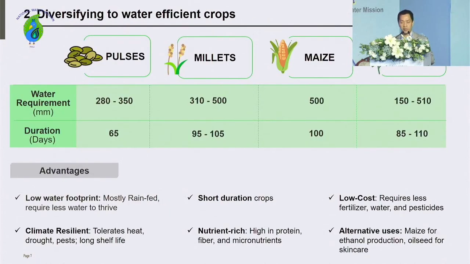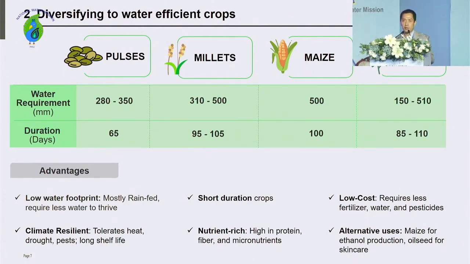On crop diversification, if we talk about water use efficiency, I think it will be incomplete without crop diversification. Crop diversification, though it has been promoted and is being done by many states, comes with many challenges, because agriculture is linked, to a certain extent, with the culture, the food habits of the farmers.